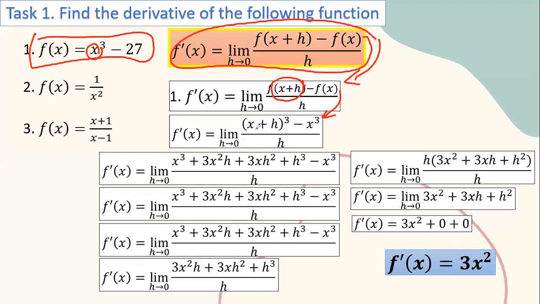So we have to expand these terms. So we have x plus h cubed is equal to, okay, ang expanded form niya ay x cubed plus 3x squared h plus 3xh squared plus h cubed minus x cubed over h. Okay, so cancel out x cubed since x cubed minus x cubed is 0.